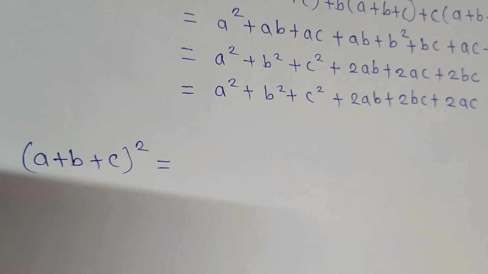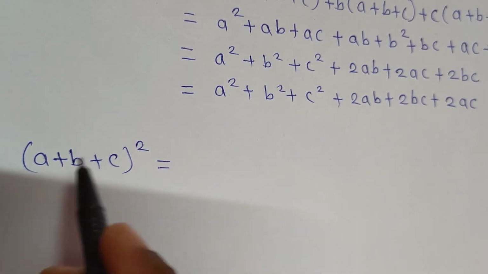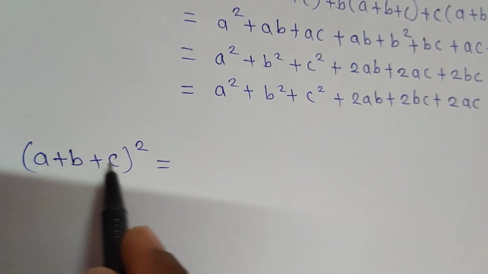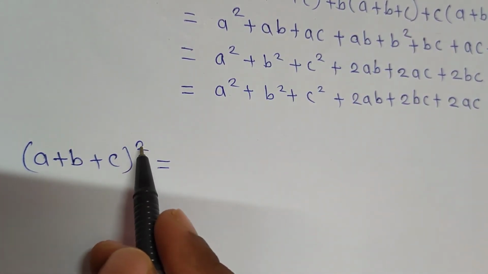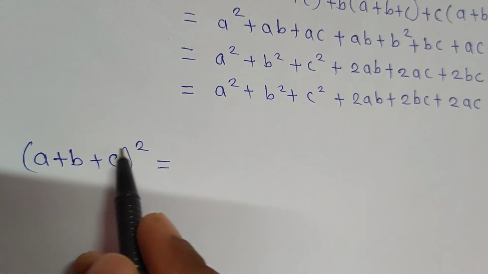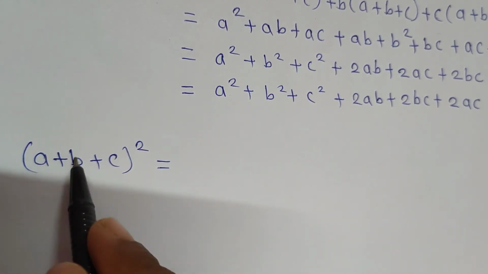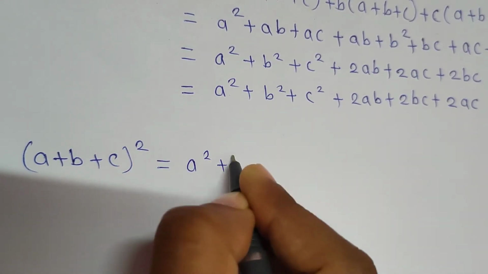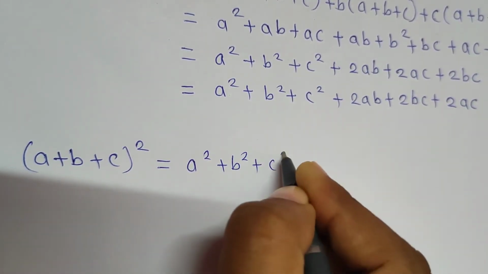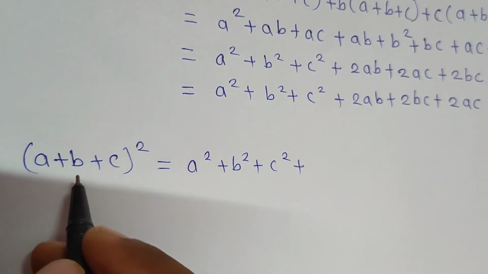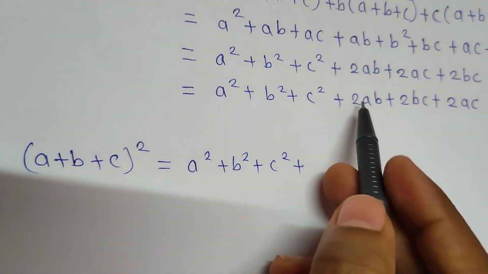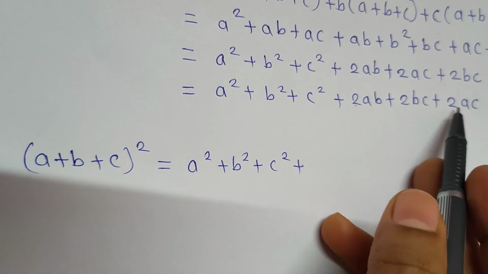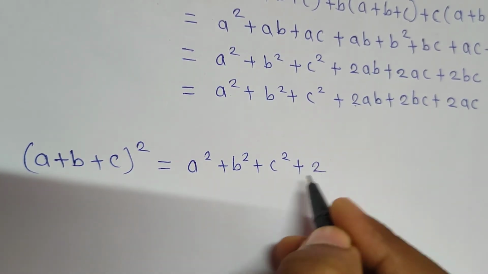Now I will show you how to remember this quickly, without forgetting. We have three components a, b and c. We have to find out its whole square. So we will first make the square of all three individual terms and add them. So a square plus b square plus c square, plus everywhere we are going to use now 2. Yes, 2, 2, 2. We will use 2 everywhere.